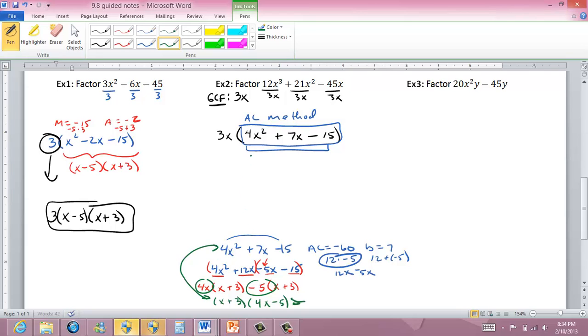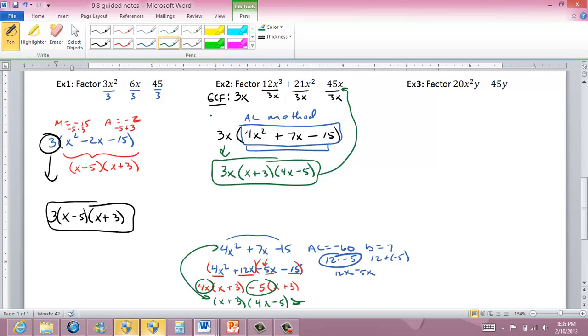But going back to our final answer up here, once we completely factor this, we have to bring down the GCF and then write our factored form of the remaining polynomial, which was x plus 3 times 4x minus 5. And here is your final answer. If I go ahead and remultiply this all out, I should end up with the same exact answer as what I started with in terms of this polynomial.